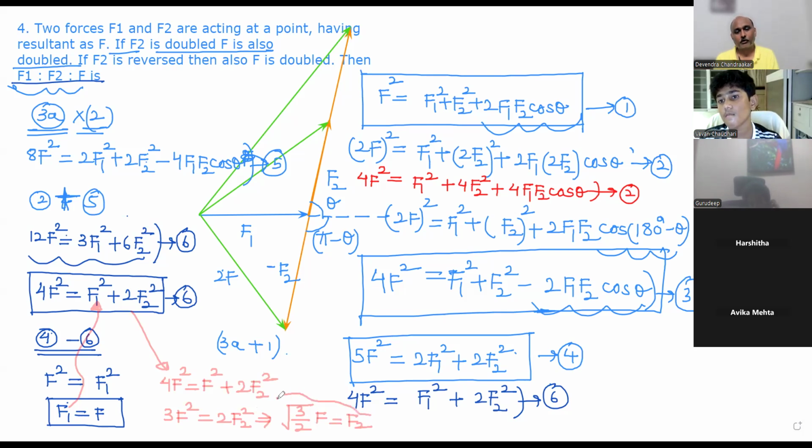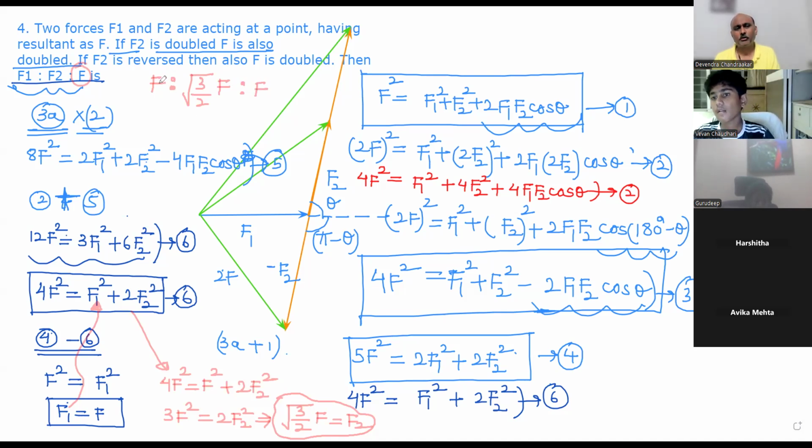See, this was more of solving equations, right? First you have to make equations and then solve. So now I got f2 in terms of f, I got f1 in terms of f, and we have f in terms of f only. So what is this ratio then? F1 is capital F, is to F2 is root 3 by 2 f, is to f.